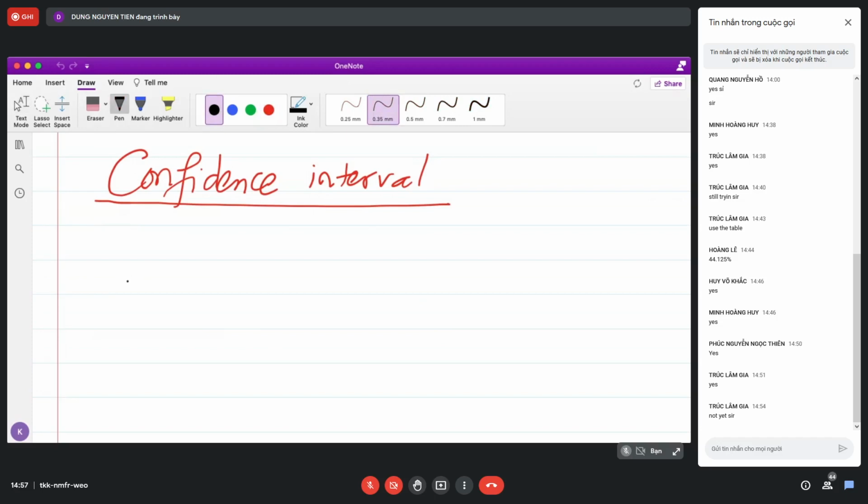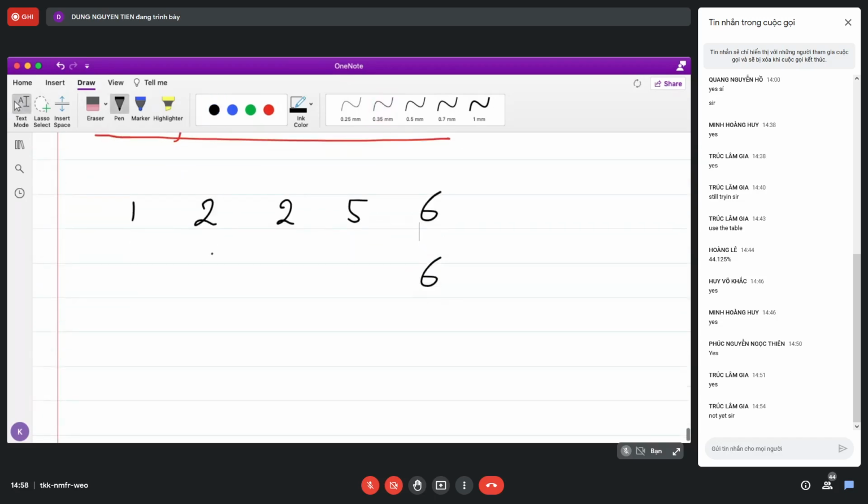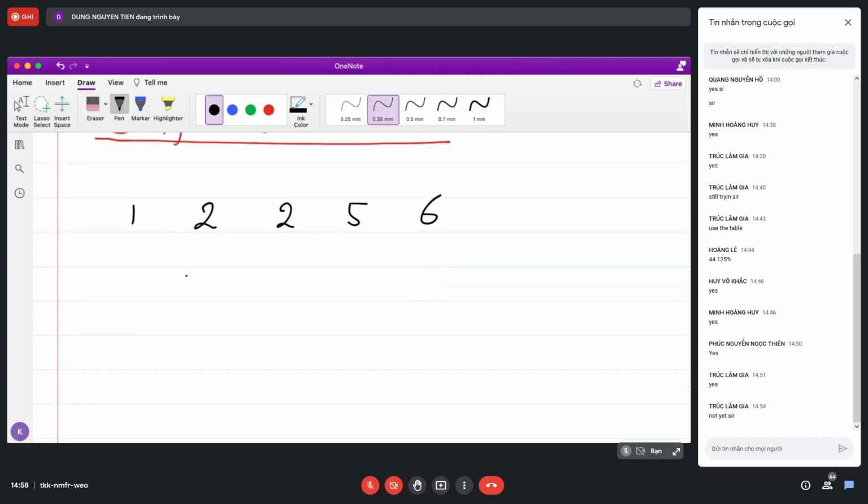Suppose that you measure the current, or the concentrations, and then you can come up with some numbers. Let's say 1, 2, 2, 5, 6. You have 5 values, and then you can come up with the approximation, which is x bar, the average value: 1 plus 2 plus 2 plus 5 plus 6, divided by 5.